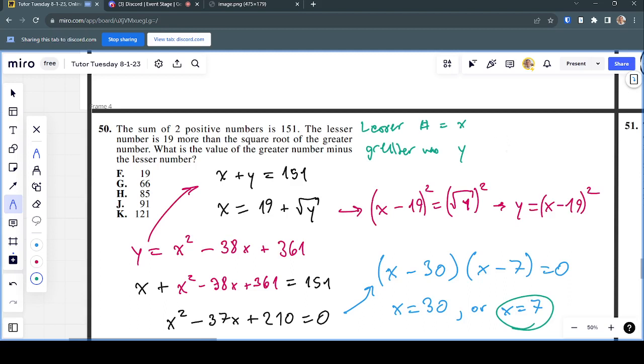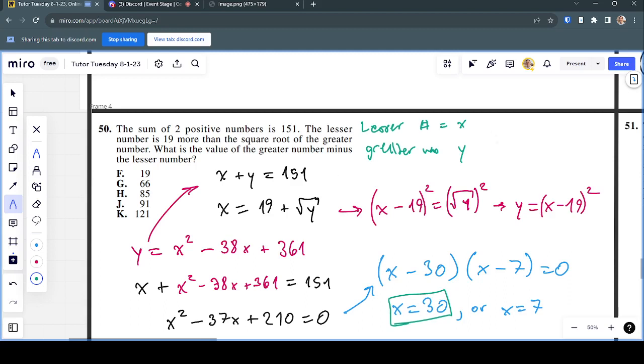If x is equal to 7, then y is going to be equal to 151 minus 7, which would be 146. And then the value of the greater number minus the lesser number would be 146 minus 7. But that's not really on the answer choices. So it must mean that our actual answer should be with x equals 30.